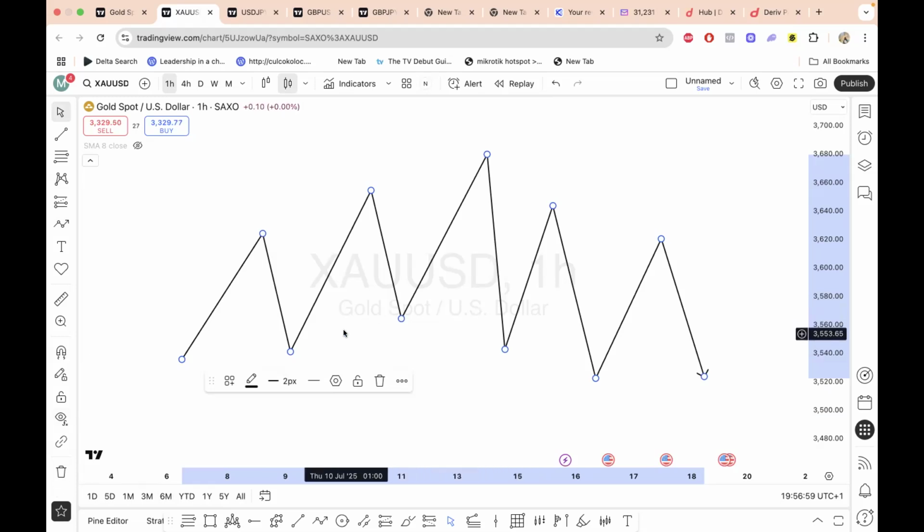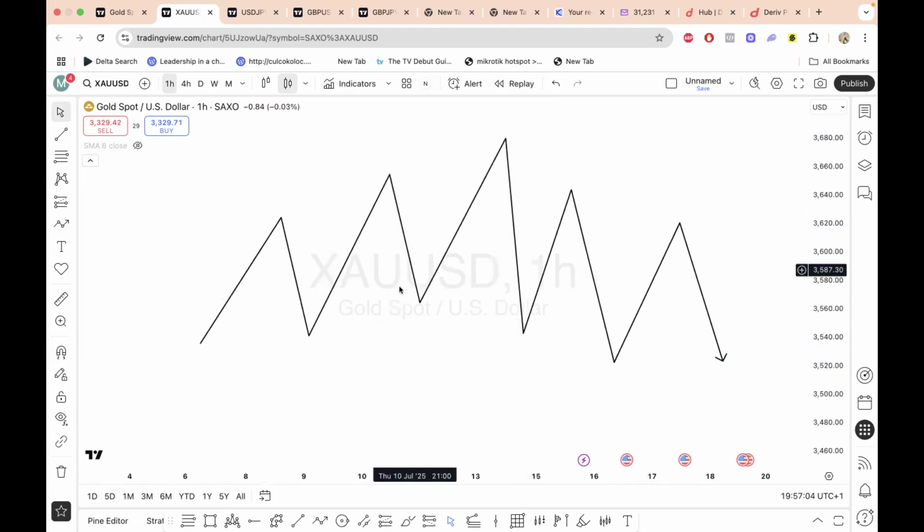Beautiful. Now, at what point did this thing change? And what happened? At what point did it change and what happened? Okay, now let me show you.